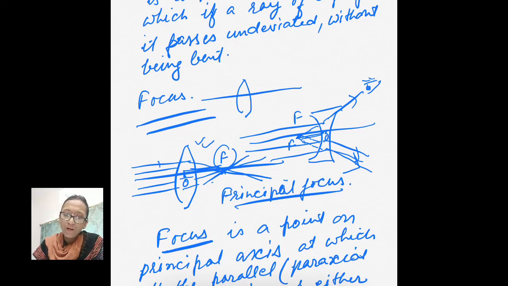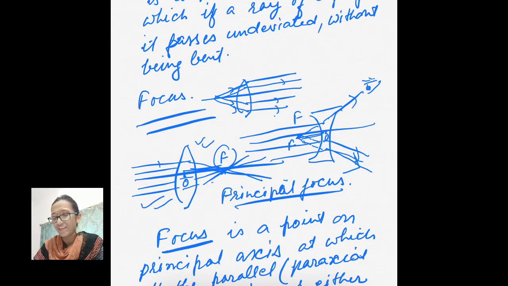Now you have a point from where if rays initiate and are incident on a lens, after refraction they will become parallel. So this is the case just opposite to this case. Parallel rays meeting at a point, and that point you are calling principal focus.